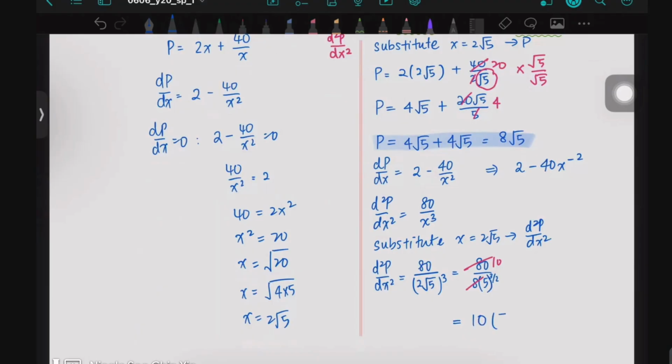So what we can do is look at the value, which is actually a positive value, more than 0. When it is more than 0, what does it mean? It means always positive. Because they ask you to justify, P is always positive. So it's a minimum.